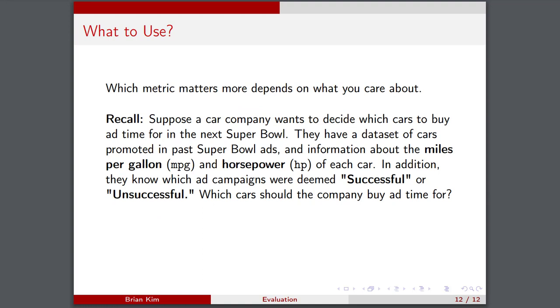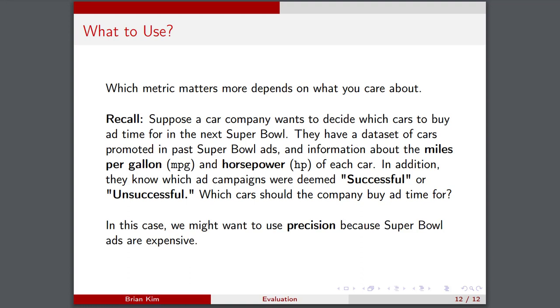Right? And so what you should use really depends on what your question is. So you have precision, you have recall, you have accuracy too, which generally you don't want to use, but what you should focus on really depends. So let's go back to our initial question. Suppose a car company wants to decide which cars to buy ad time for. Well, in this case, we might actually want to use precision because the Super Bowl ads are expensive.